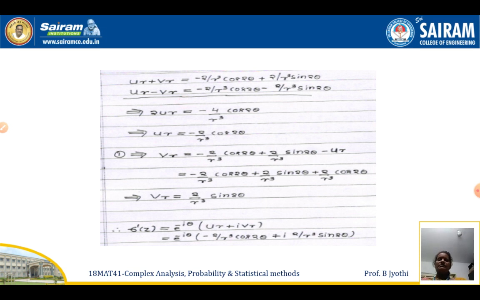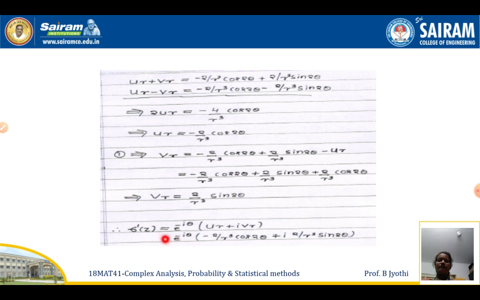This implies 2u_r is equal to −(4/r³) cos 2θ, or u_r is equal to −(2/r³) cos 2θ. This is equation 4. Similarly, v_r is given by −(2/r³) cos 2θ + (2/r³) sin 2θ minus u_r, or on substitution and simplification, v_r is equal to (2/r³) sin 2θ.